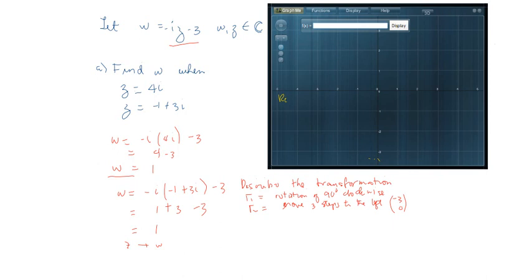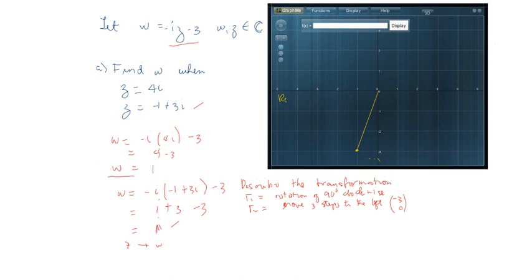So negative 1 and 3i is, let's say, here. Let me write in the diagram our complex numbers. From here, it became just... negative i times negative 1 is i, plus 3 minus 3.